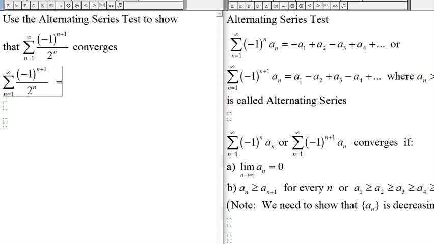So first, we can rewrite this as this. And the 1 over 2^n, that would be the a sub n.